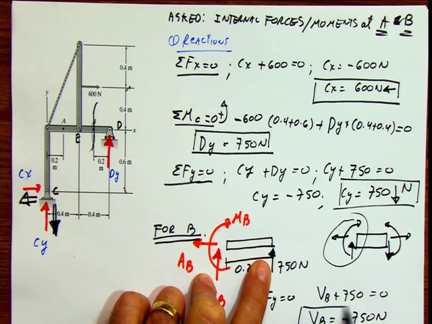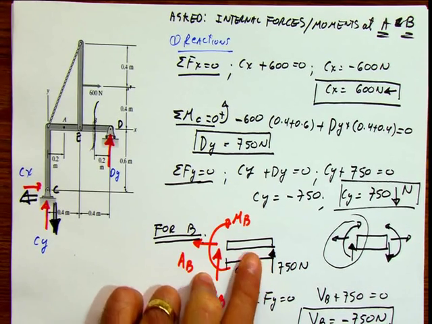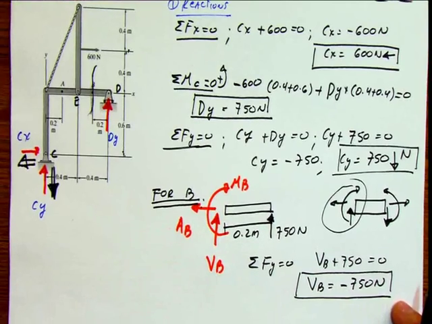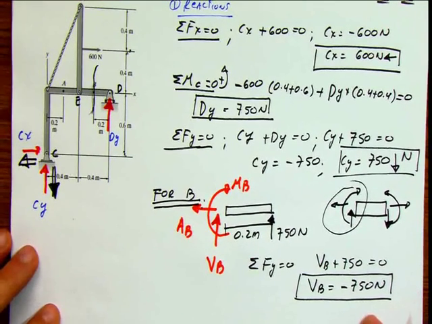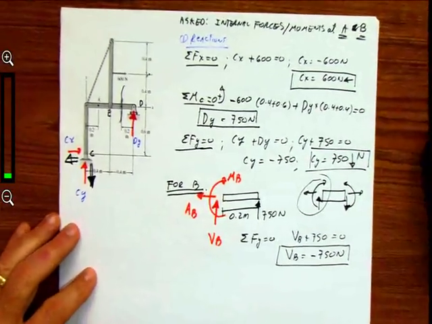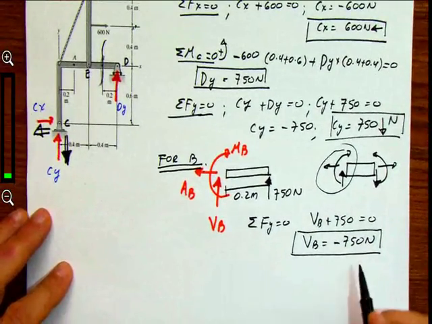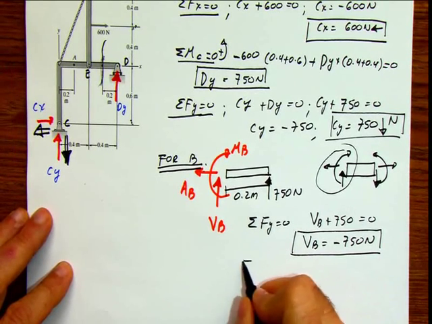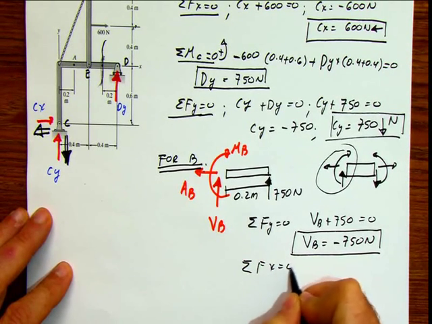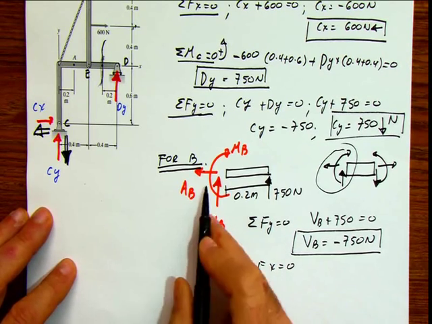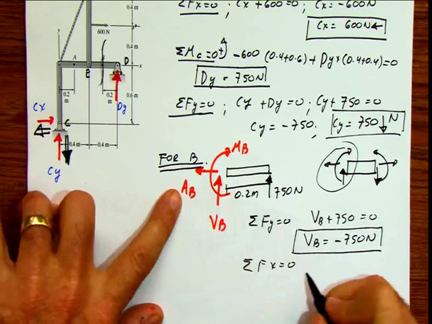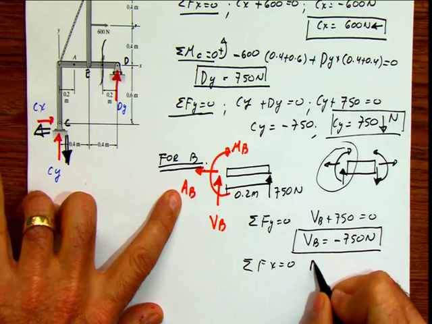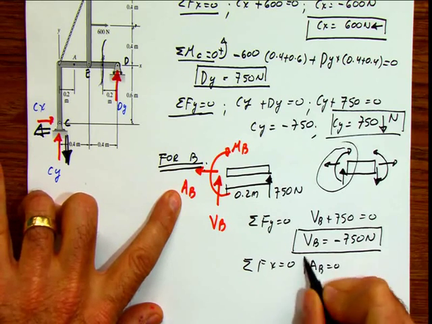Remember, in this case I don't change anything for now, because the only thing I'm interested in is knowing the result. It's a negative force, so I'm going to use a negative value: 750, and it is negative. Now summation of forces in x equals 0. The only force that I have is the axial at B, equals 0.